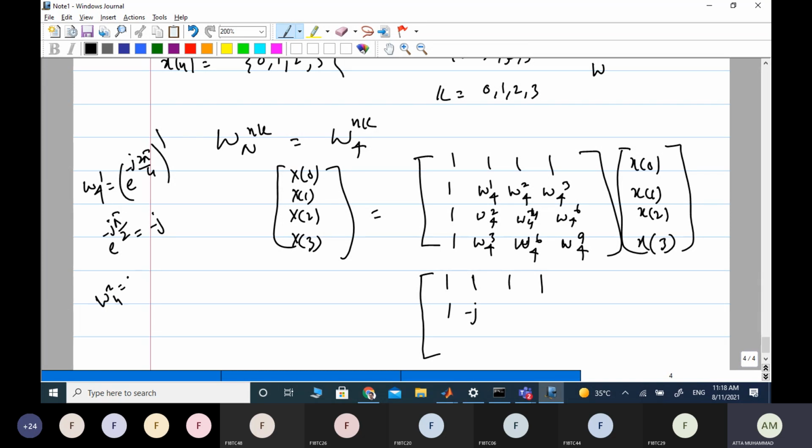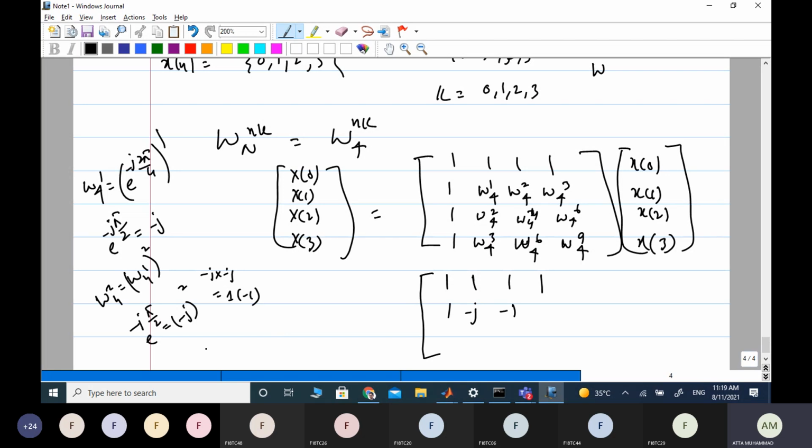W4 power 2 is nothing but W4 power 1 whole square, right? So when minus j is squared, what do we get? Let me compute it. E to the power minus j pi by 2 is minus j, and we have a square here, so minus j into minus j, minus into minus is plus, j square is minus 1, so we get minus 1 here.